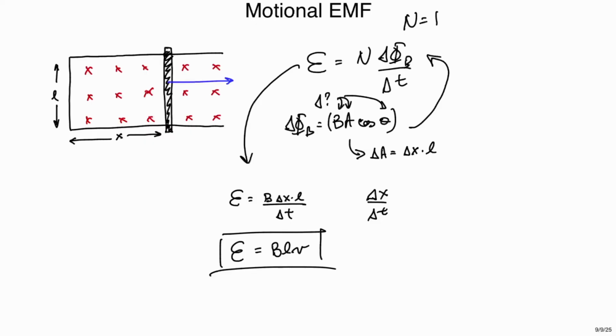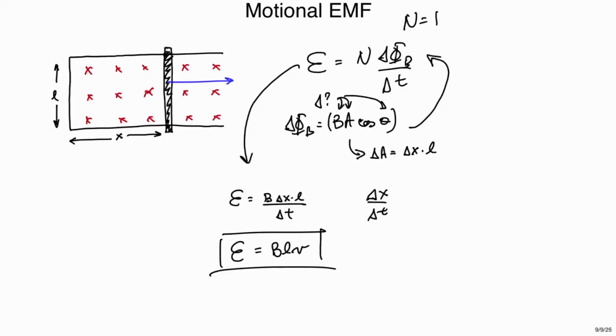If we pulled on it fast enough and hooked, say, a light bulb up to the track, we could actually light the light bulb by moving the bar. The motion of the bar, its velocity, times its length, times the magnetic field there will give us the EMF. And if we know the resistance of the wire or the light bulb, we can find the current.